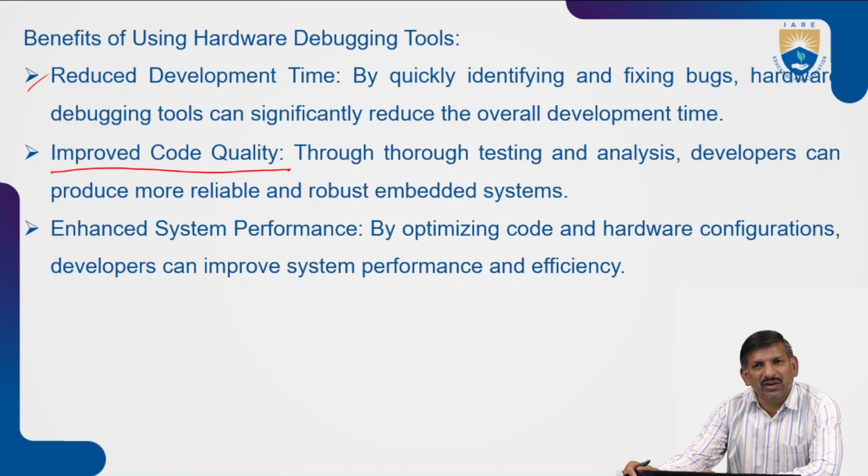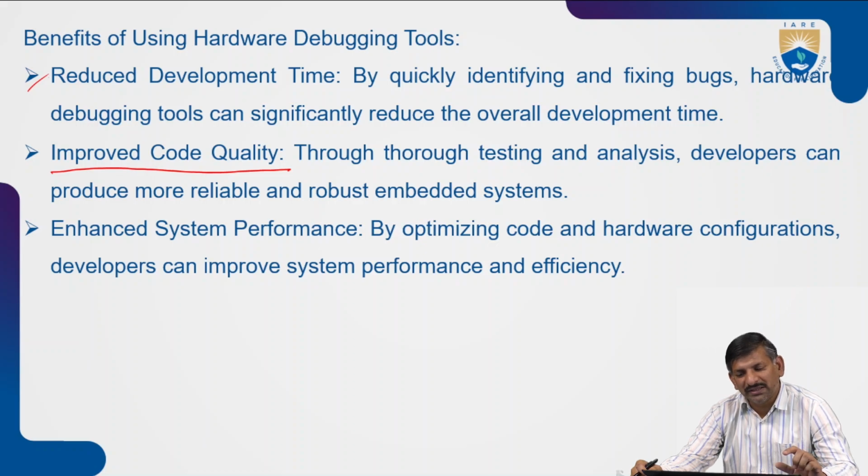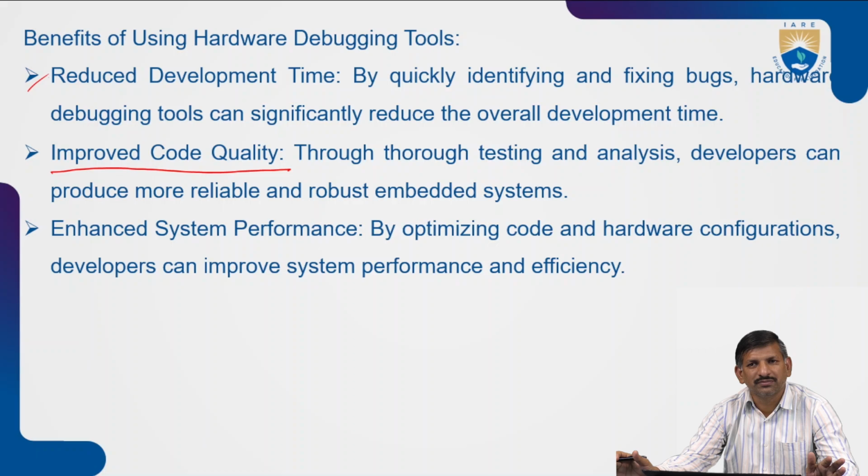Next, embedded system performance will be improved by using these hardware debugging tools. Means, by optimizing the code and hardware configurations, developers can improve system performance and efficiency. Optimizing this by reducing the code size without changing the functionality.